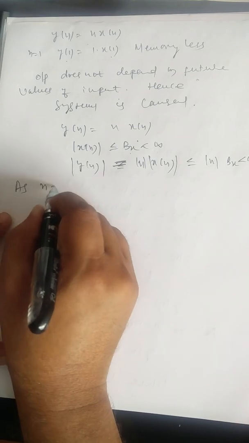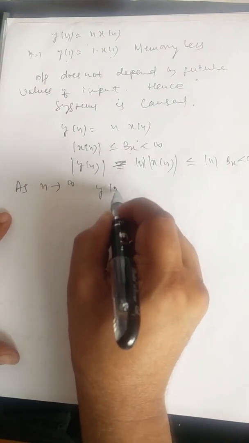Here, as n tends to infinity, y of n will become infinity.